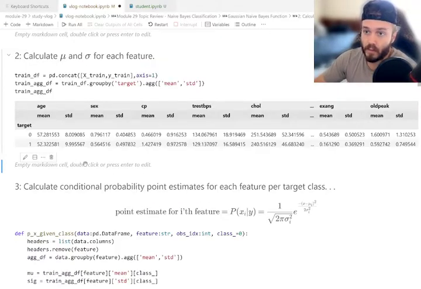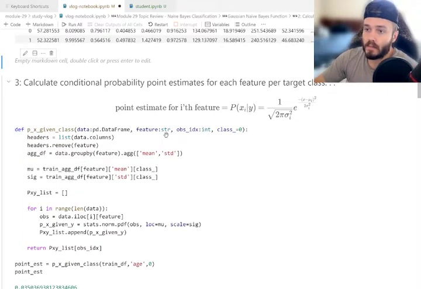So if you're doing this for age or sex or CP, or Trest BPS, cholesterol, and whatever all that means, you're telling the function which feature you want to do this for. You give it a particular observation point, an index of a row that you want to do this for, and the class that you're trying to predict, which is defaulted to 0, but you can change it to 1 if you want.